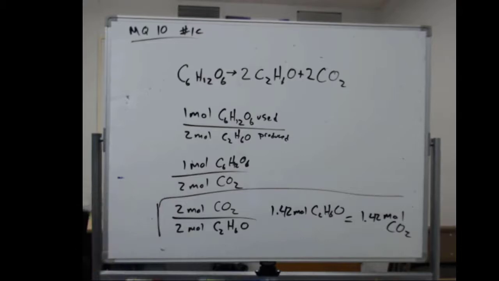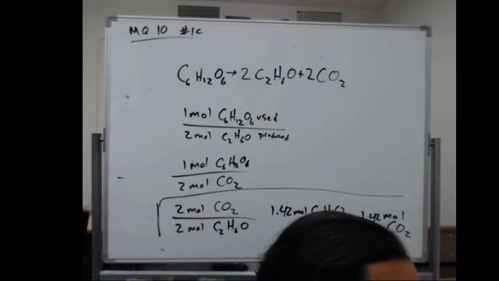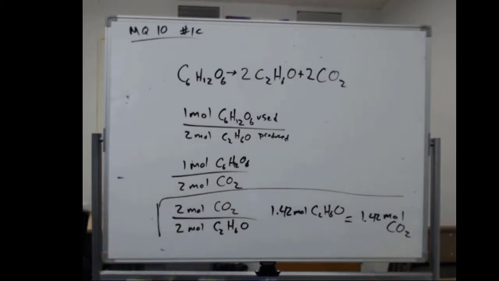Right? Because it's a 2-to-2 ratio, or if you'd like, a 1-to-1 ratio, the moles of CO2 produced are equal to the moles of C2H6O produced in this situation. Then, in order to get the mass, all we have to do is take that number, 1.42, multiply by the molecular weight, and that should get us the right answer.